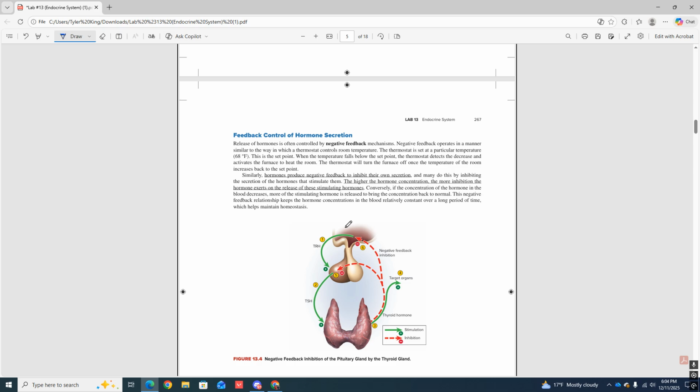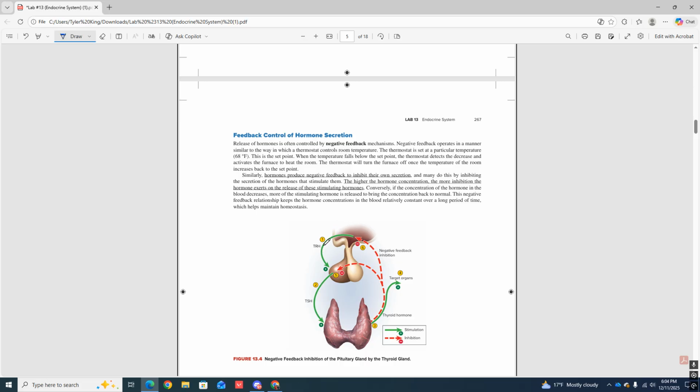When it gets up to that threshold, the hypothalamus, your thermostat, gets word back that things are back up to speed, and it shuts off that entire cascade because we're back at homeostasis. So we're back where we need to be. The furnace and thermostat pathway is the exact same thing as the negative feedback pathway in the hormonal endocrine system.